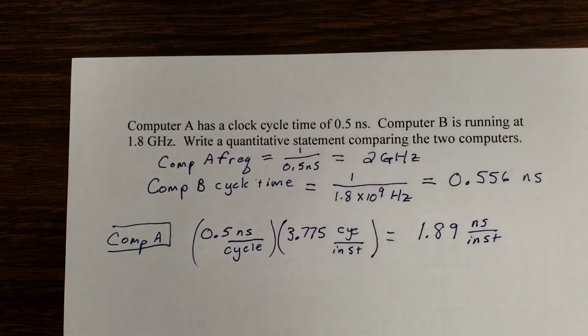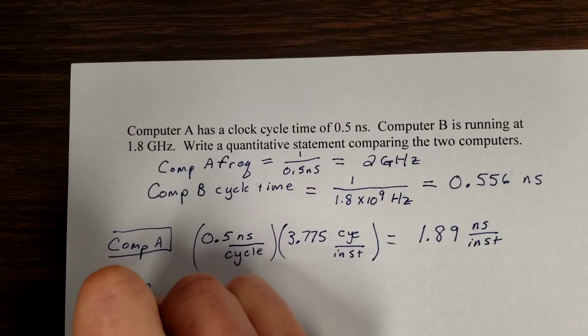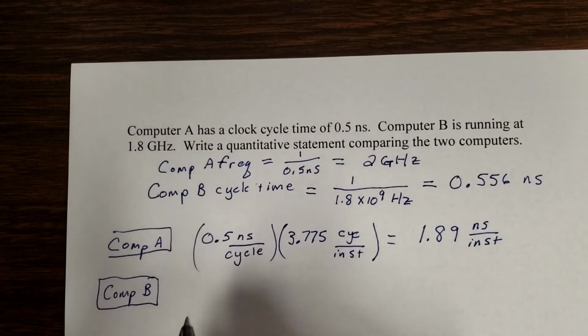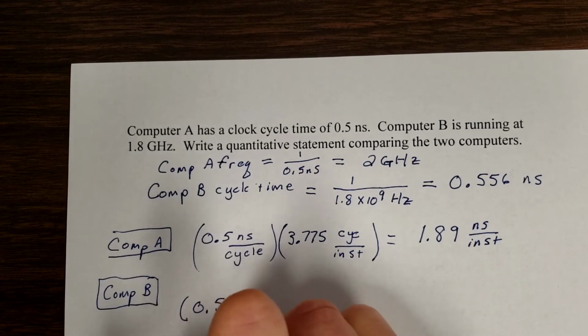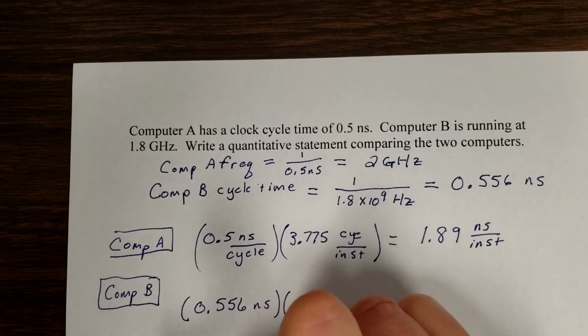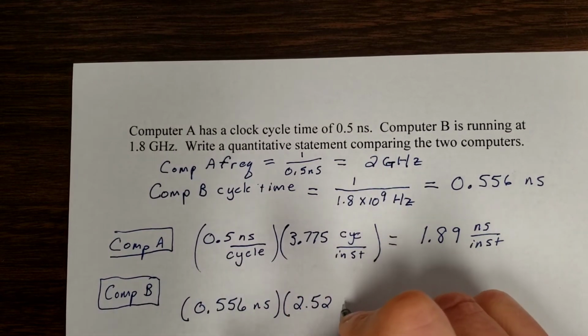Then for B, we have 0.556 nanoseconds and then 2.52 cycles per instruction.